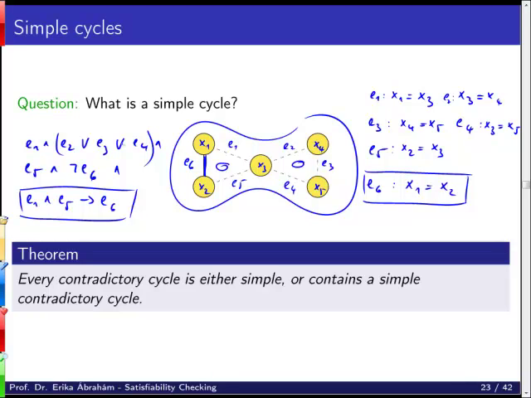I do not encode the transitivity for this, because I see there is no negated formula. Now I find a solution here, and it could be that, for example, E2 is true, E3 is true, and E4 is false, which would lead to a conflict in the equality.